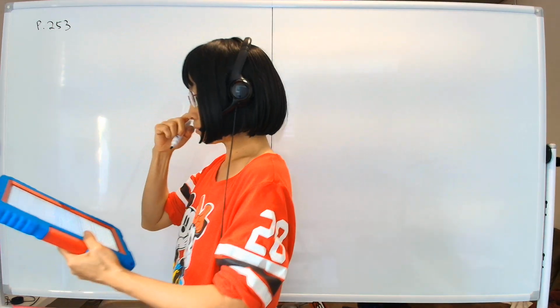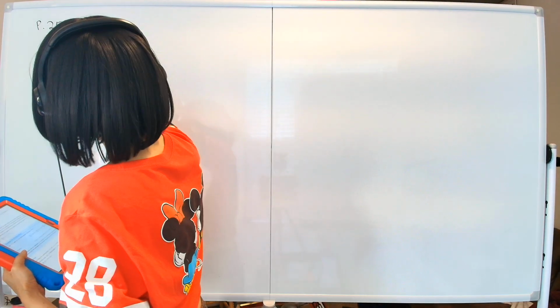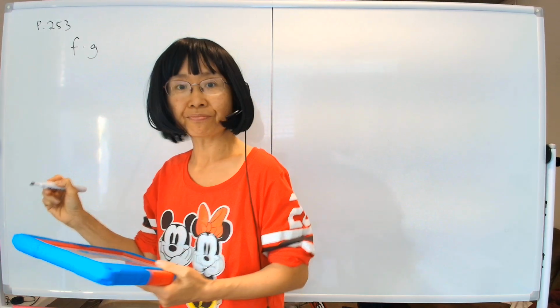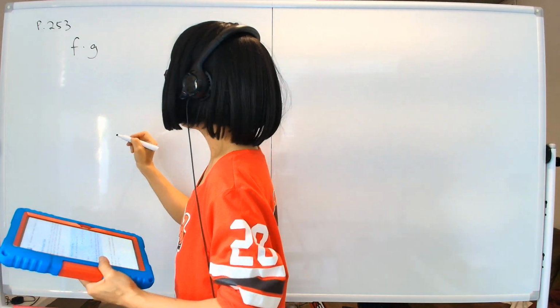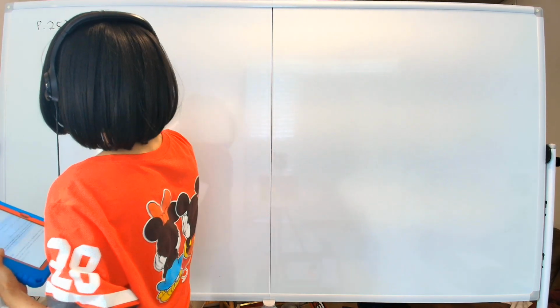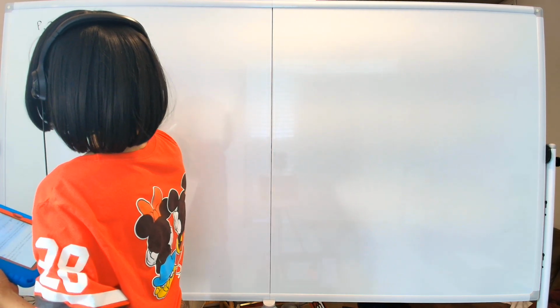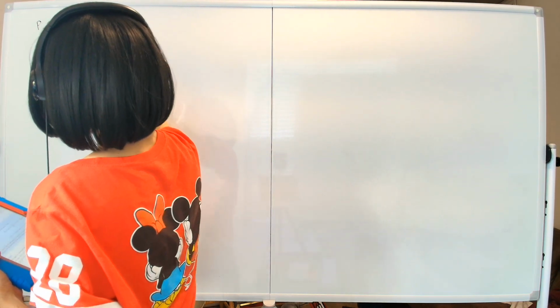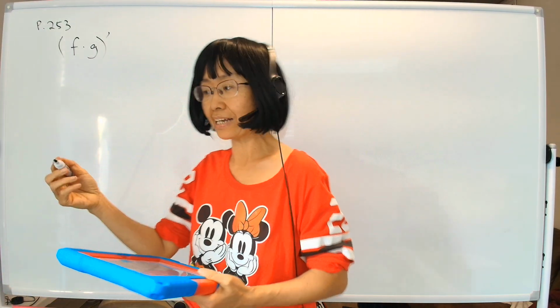So basically the product rule is, let's say you have two functions, f and g, and you're multiplying them together. How do you take the derivative of f times g? I'll use the prime; the prime means let's take the derivative.